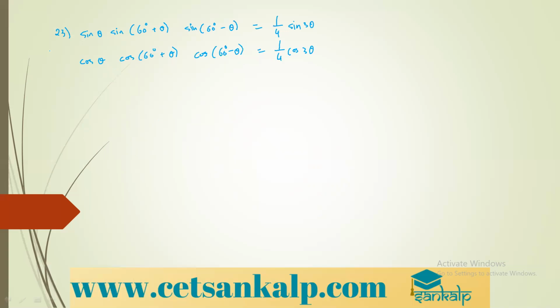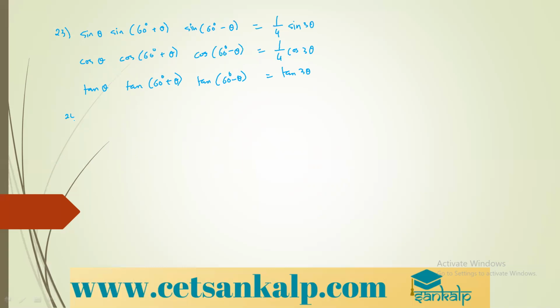If you use these formulas like shortcut methods, you will remember more easily. Tan theta into tan (60 degrees plus theta) into tan (60 degrees minus theta) is tan 3 theta.